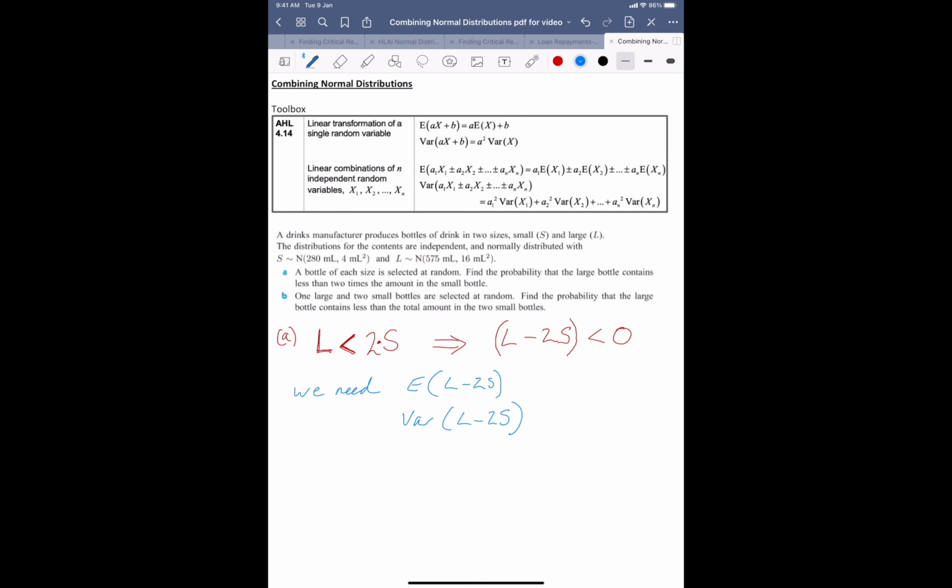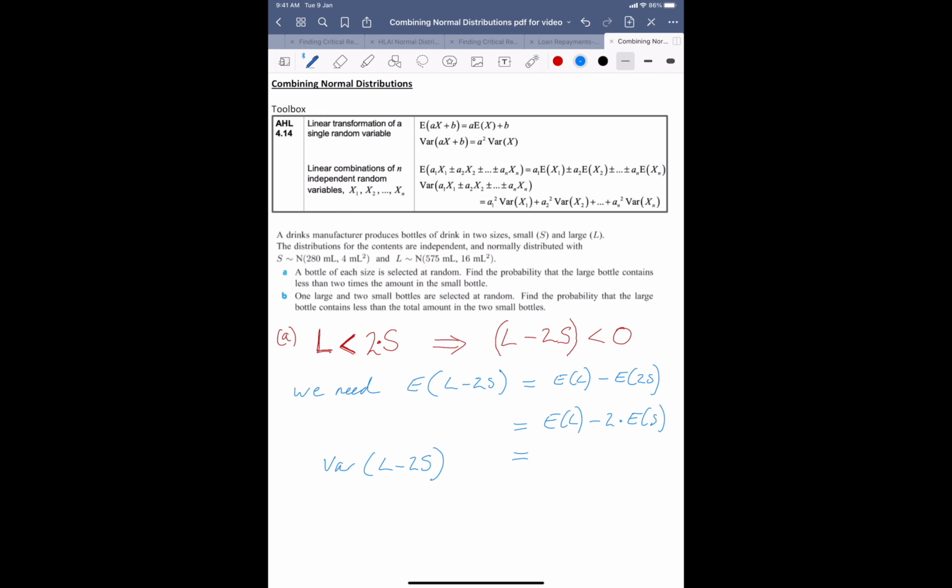So let's have a little look then. So this is E of L minus E of 2S. Let me just move the var down a little bit. So this is E of L minus 2 times E of S. Okay, so let's go back and find what is E of L. Well, E of L is the mean bottle volume, which is 575.